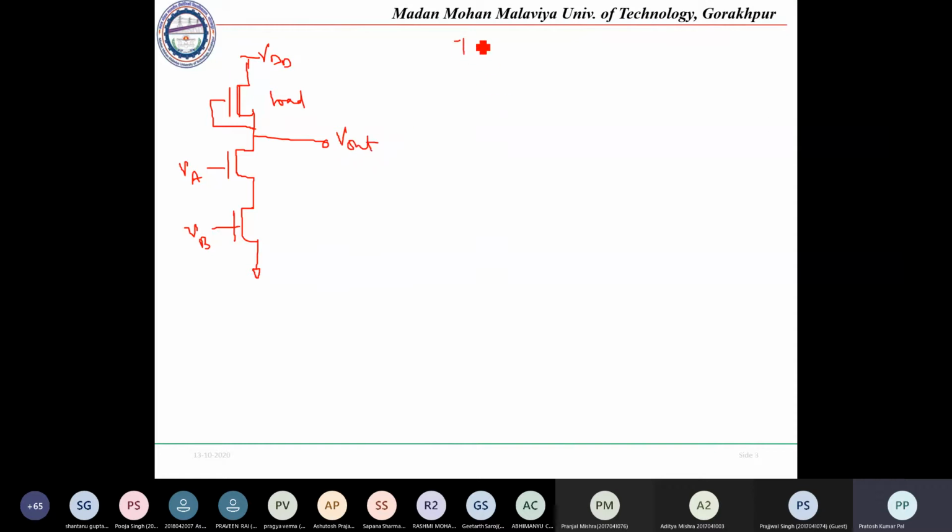If we go for the truth table of the NAND gate, it will be with respect to inputs, and this is your V output. If both the inputs are low, the output will be high. This output is given by the NAND function, that is VA into VB, the whole to the bar. If A and B are low at the same time, then the output will be high, that means the transistors will be off, and the output will be connected to VDD.